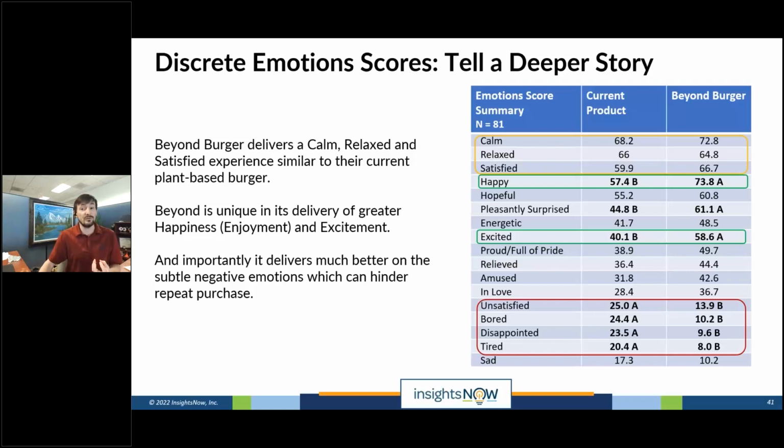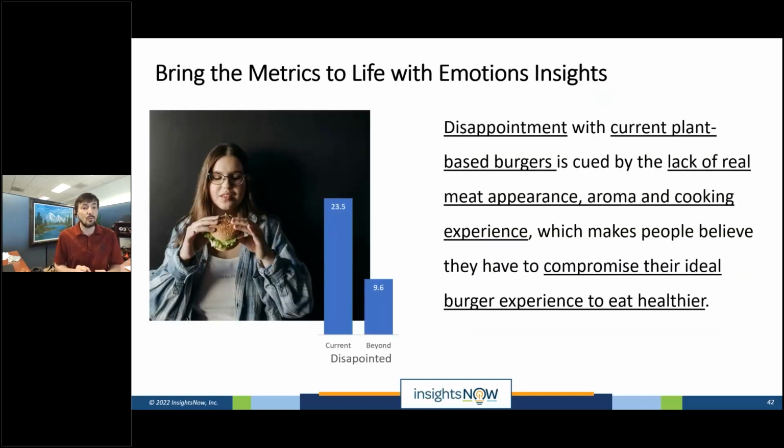So if we want to bring those emotions to life, we can put emotion insight statements that are more aggregate across all of the data that we have from this, and we can bring that to life with some of the key metrics. So for instance, I can talk about that negative side and say disappointment with the current plant-based burgers is skewed by the lack of real meat appearance, aroma, and cooking experience, which makes people believe they have to compromise their ideal burger experience to eat healthier.